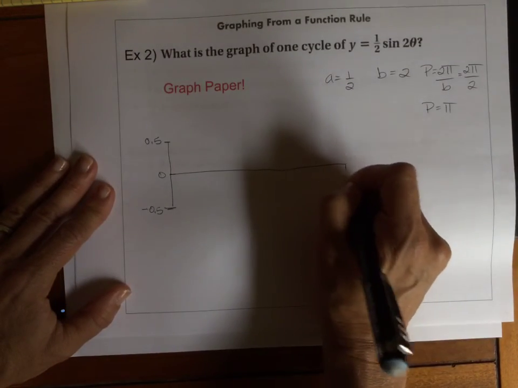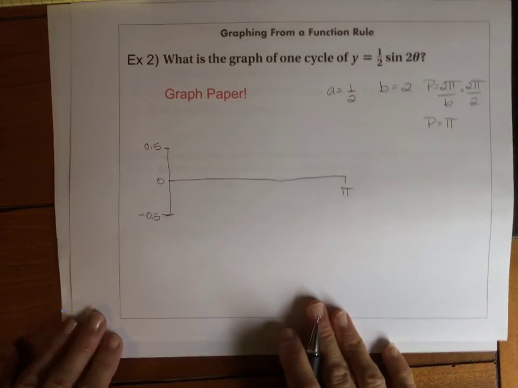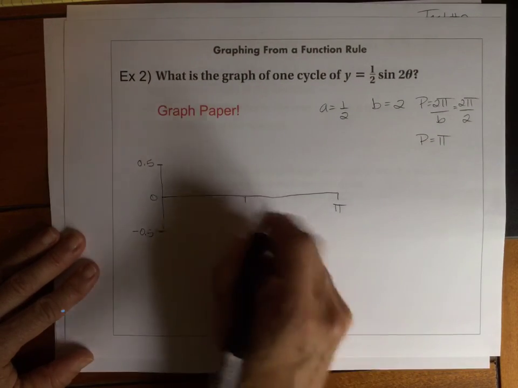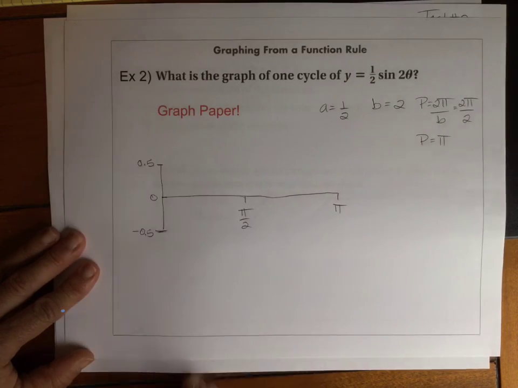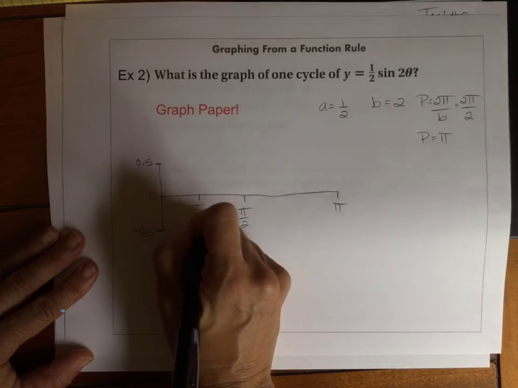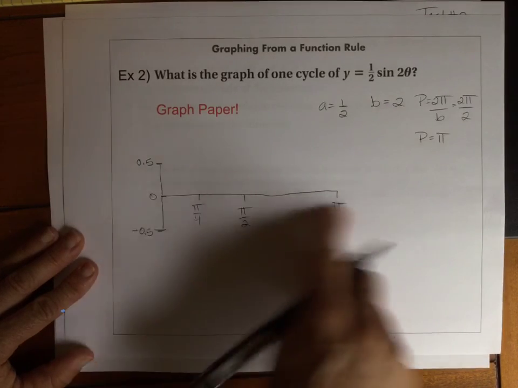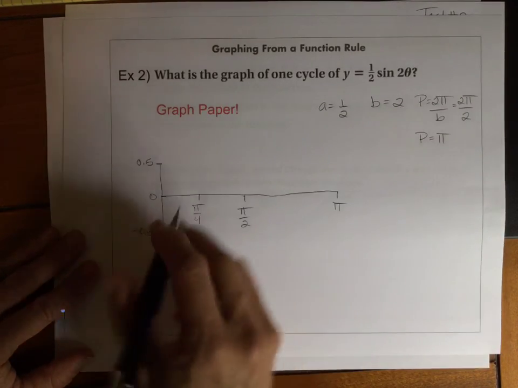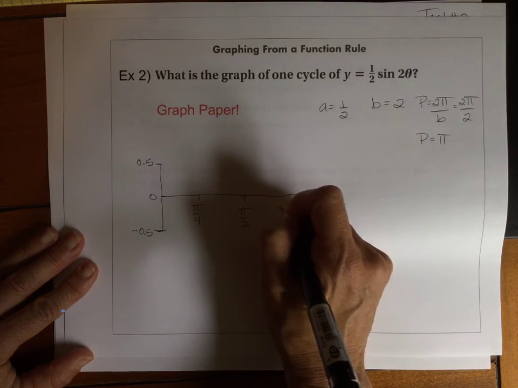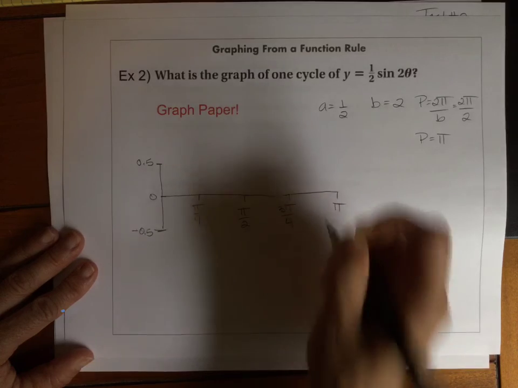Now this time though, our period is pi. We're going to split that in half. So half of pi is pi over 2. Half of pi over 2 is pi over 4. And this is the one that's a little trickier, but if you just add pi over 4 to pi over 2, then it's going to be 3 pi over 4.